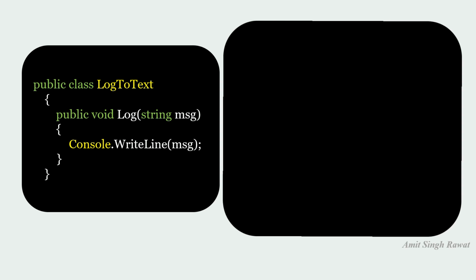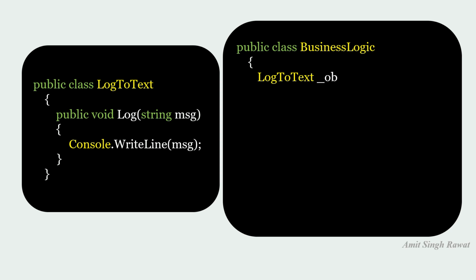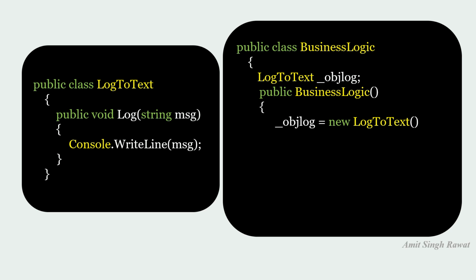Let's create another class. So public class BusinessLogic, bracket open, LogToText, let's name it _objLog. Public BusinessLogic, bracket open, we created a constructor here, and again _objLog is equal to new LogToText.